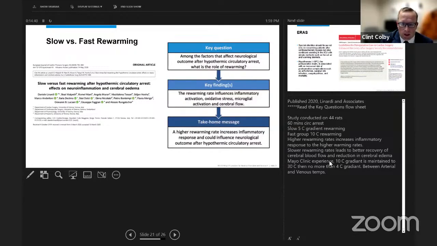Slower rewarming rates lead to better recovery of cerebral blood flow and reduction in cerebral edema. Here, the Mayo experience that we've abided by is always making sure that we're lower than 10C until we get to the 30C mark, and then no more than a 4C gradient once we get over that 30C.